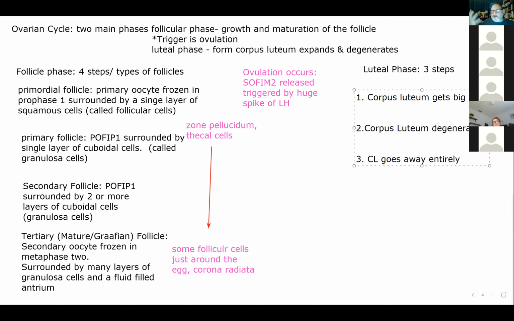And when it goes away entirely, we're left with a little piece of scar tissue. And what do we call that little piece of scar tissue? Corpus albicans. There you go.